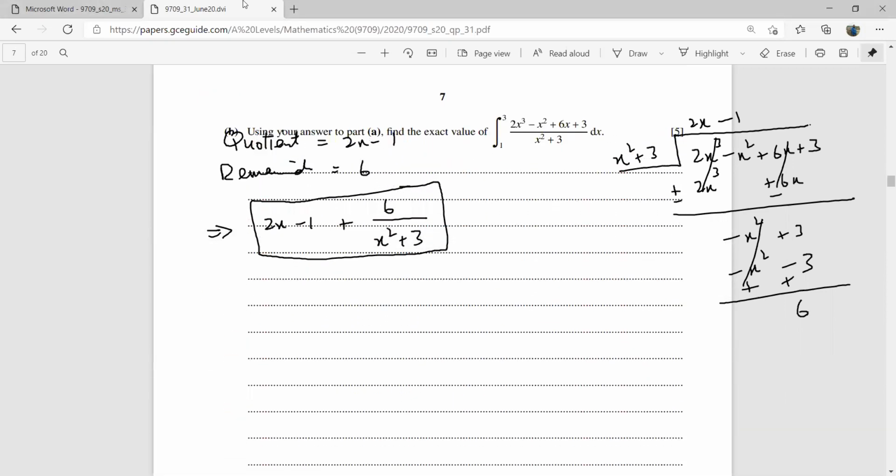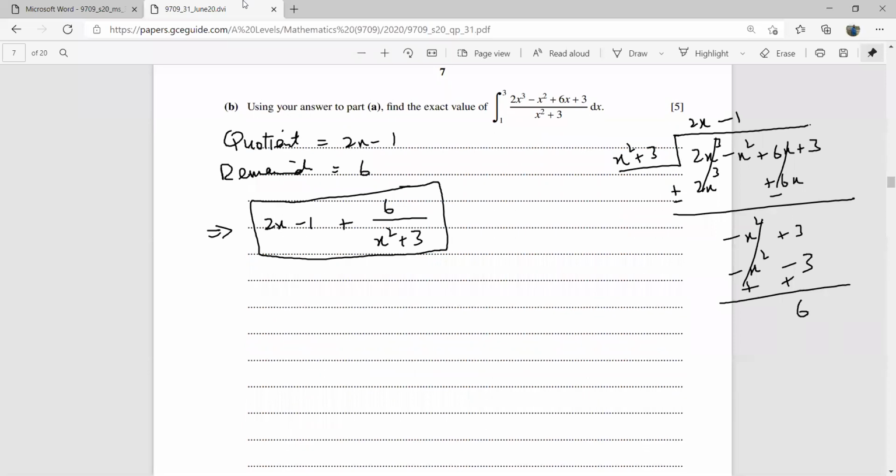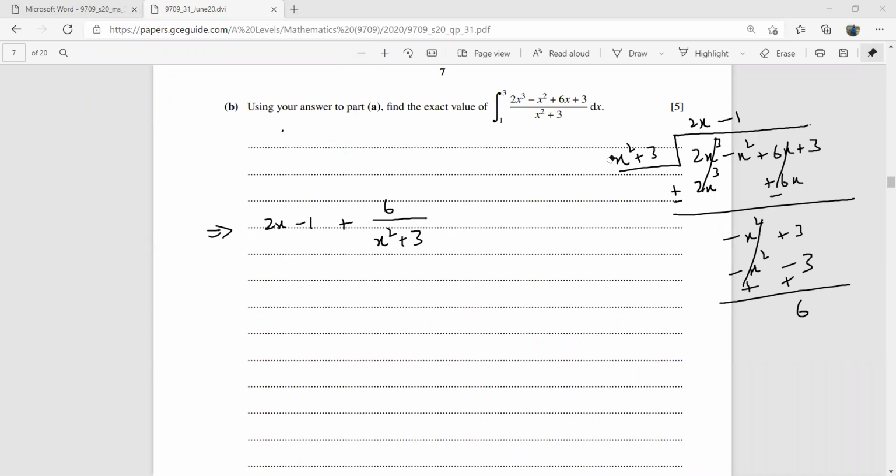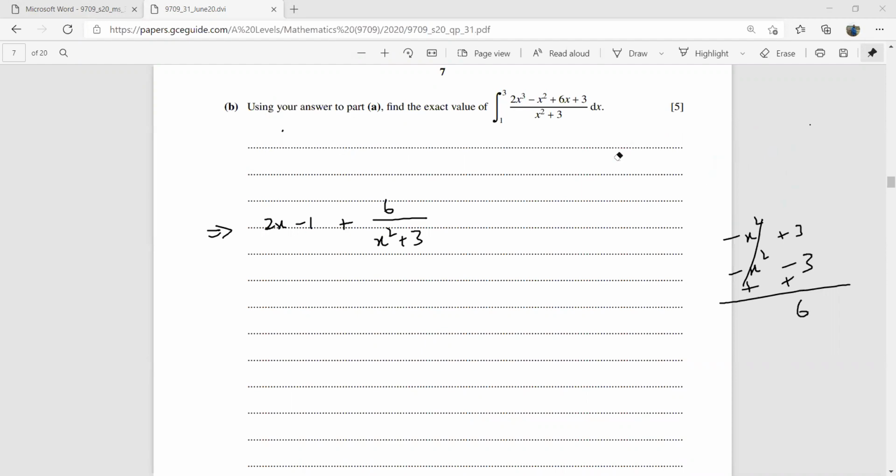It says, using your answer to part 1, find the exact value of this. So the integral of this is going to be the integral of this. My B part starts from now onwards.